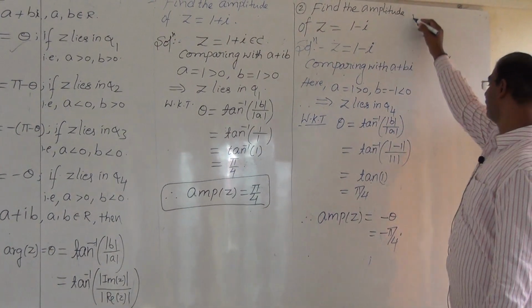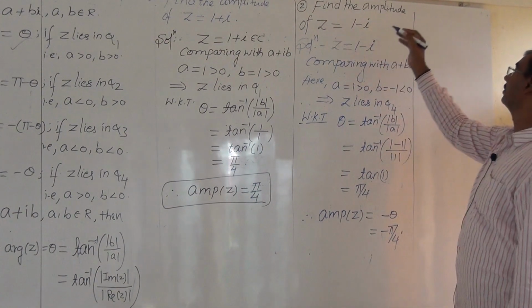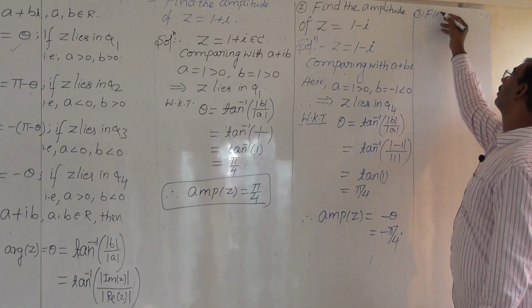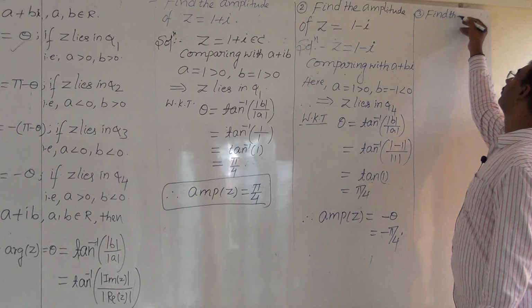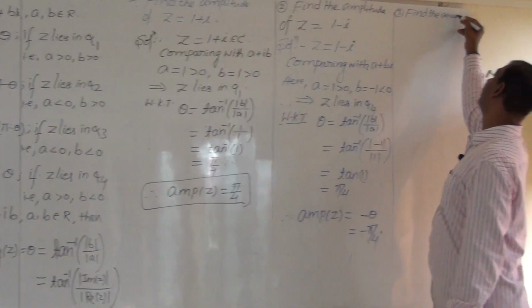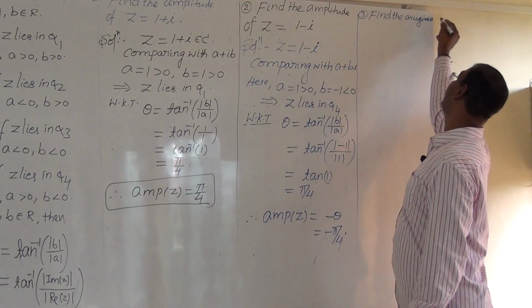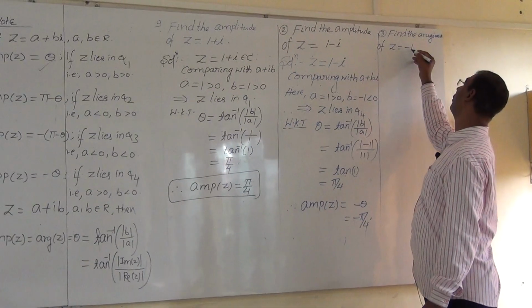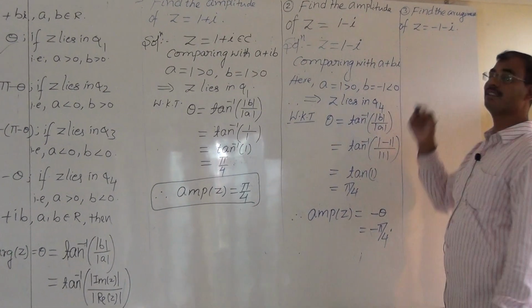Similarly, we have to solve some more questions. See the next question, the fourth question; the third question is the same model. Find the argument of Z equal to minus 1 minus i. Follow the method. We do not change it here. Solution: Z is equal to minus 1 minus i.